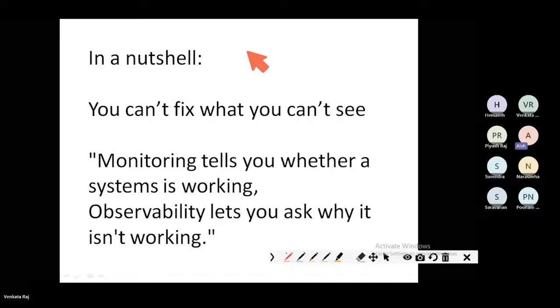Majority of the projects, still today, do not have proper monitoring tools, proper observability tools. That is where our role becomes very, very important. We have to educate the customer why an observability tool is very, very necessary.